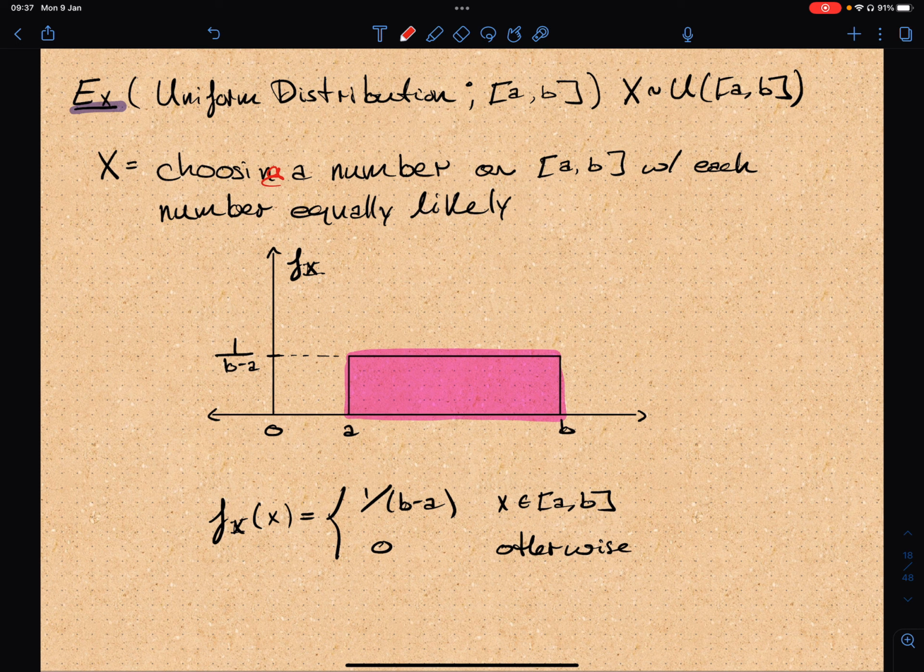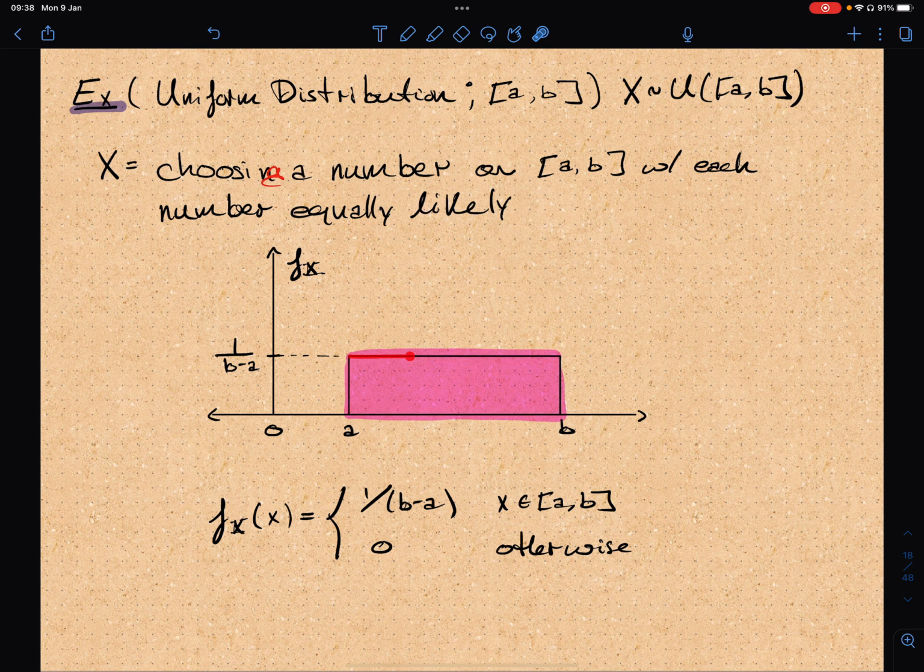Choosing a number x. The interpretation here is that x is choosing a number from a to b where each number is equally likely. So in here, the probability density function is just going to be the step function. It's going to be flat, and it's zero otherwise. It makes sense that it's zero otherwise because there's zero probability of picking a number outside that region. And then inside the region, every number is equally likely.